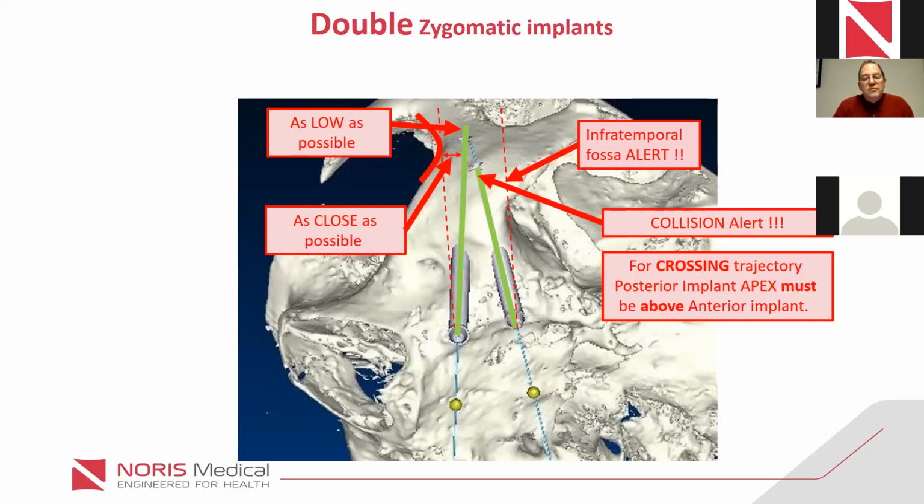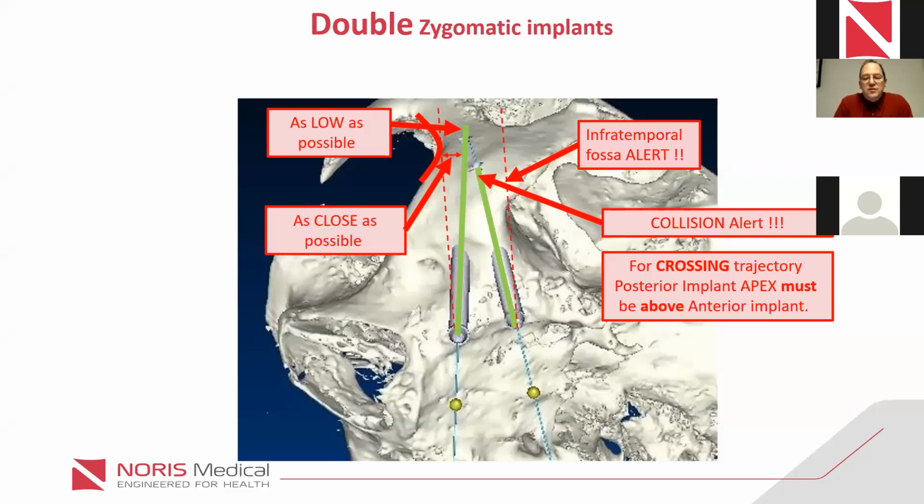So if the doctor doesn't fully exit or doesn't drill to complete and kind of palpate the posterior side, is it possible to still get cortical stabilization without drilling through, perforating the zygoma?